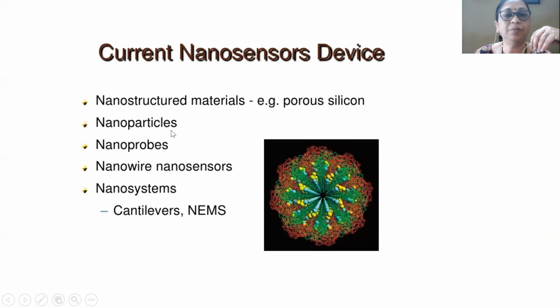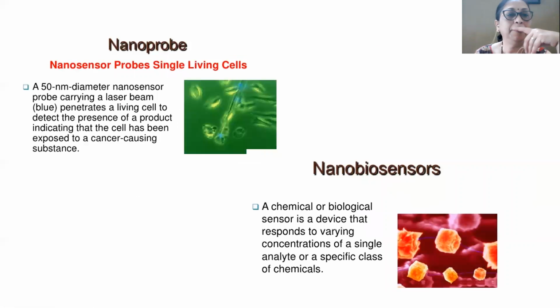Nanoparticles are used to fabricate the sensing device. Nano probes are used. Nanowire nanosensors are used, that means particles in the form of nanowires are used to fabricate the sensing element. These are certain current nanosensor devices which are available in the industry.